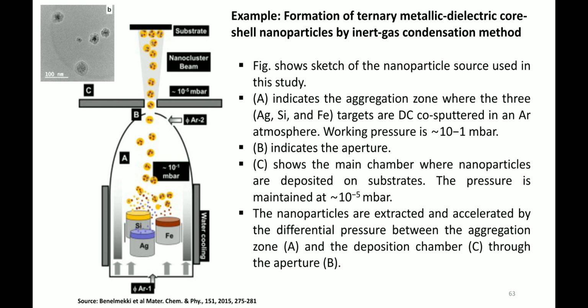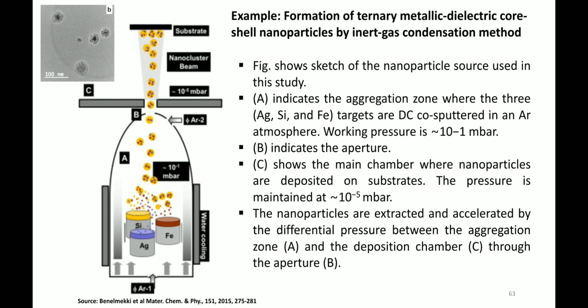You are well aware that argon is the most common inert gas used for the sputtering process, but we call this co-sputtering. So what is co-sputtering? Co-sputtering is nothing but simultaneous sputtering of all three targets. Okay, so we have three targets, silicon, iron, and silver, and they are sputtered at the same time. So we call it co-sputtering.